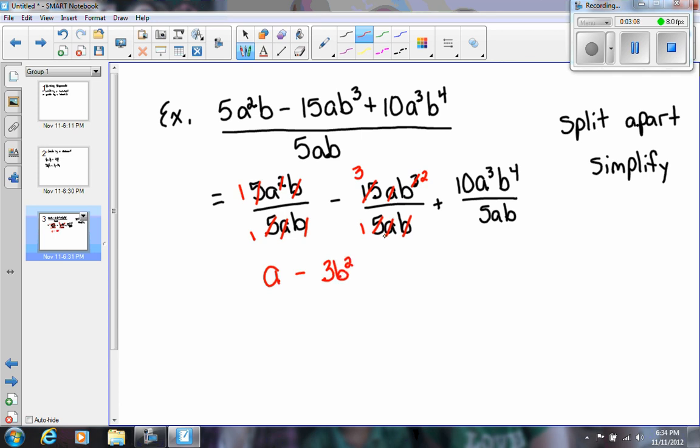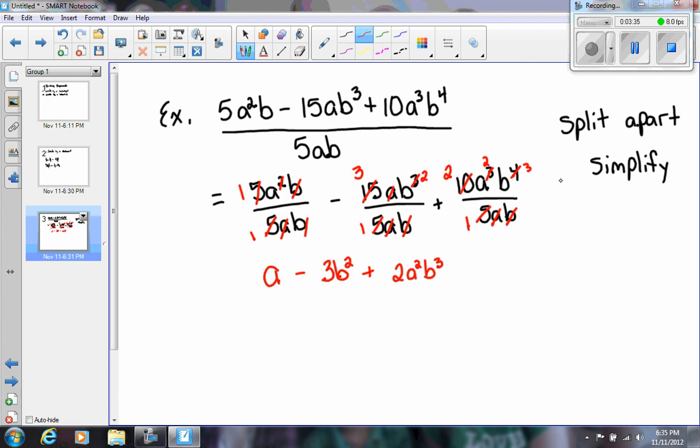And notice the denominator is just 1. Plus, over here, 5 goes into 5 once, 5 goes into 10 twice. This a cancels with one of these and leaves 2. This b cancels with one of these and leaves 3. So I'm left with 2a squared b to the third power.